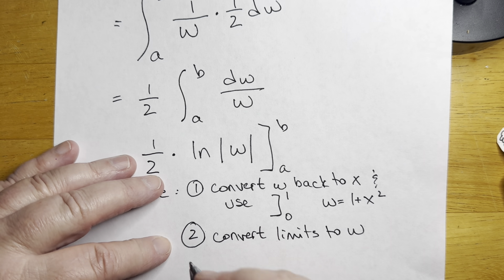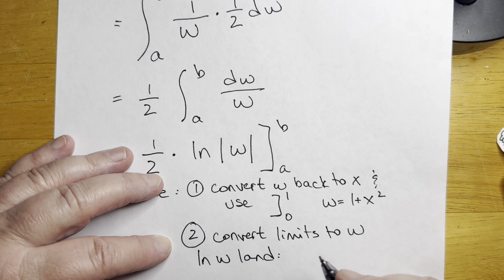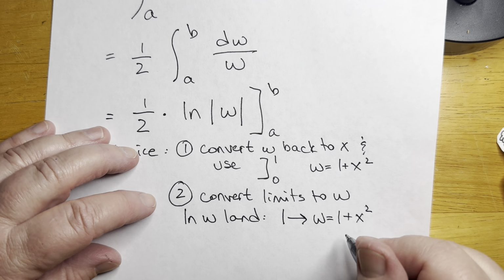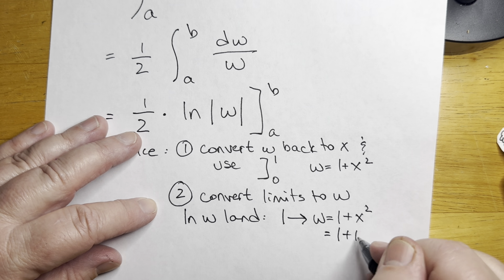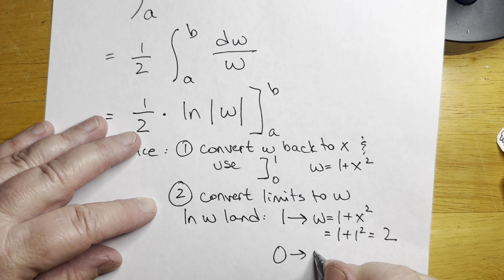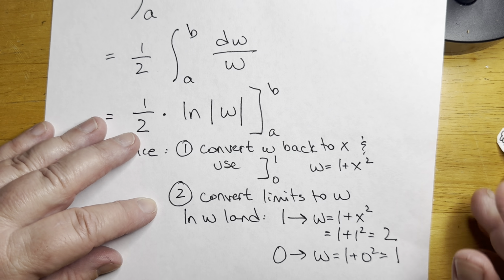So I can say in w land, 1 converts to, w is 1 plus x squared, so that's going to be 1 plus 1 squared, so that's going to be 2. 0 is going to convert to 1 plus 0 squared, so that's 1.